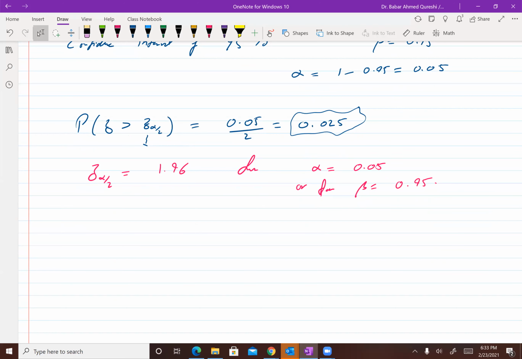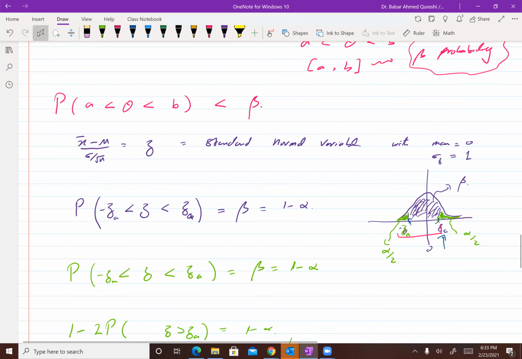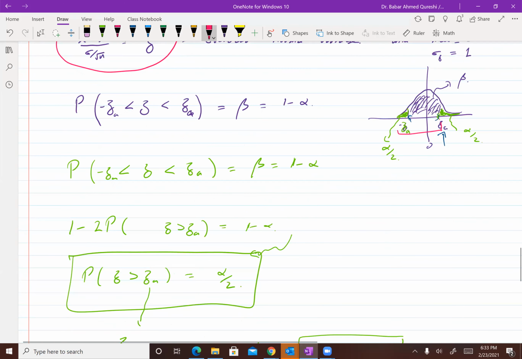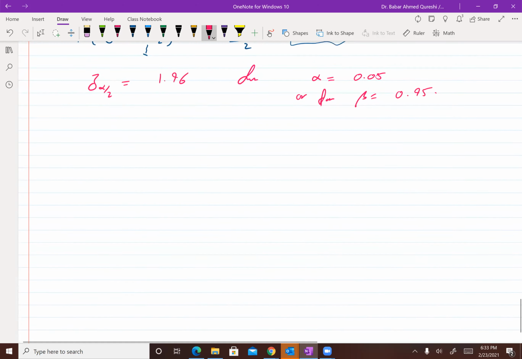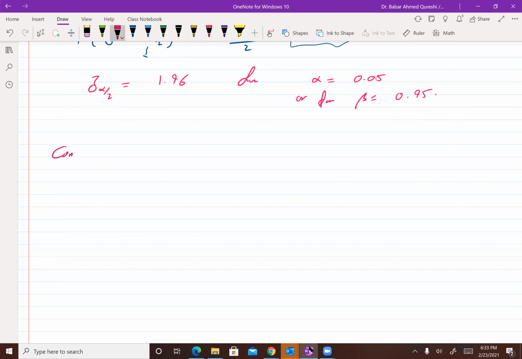Then you would know, coming back to this equation, that the confidence interval is between x bar minus whatever you have calculated, and x bar plus whatever you have calculated for Z alpha over 2.